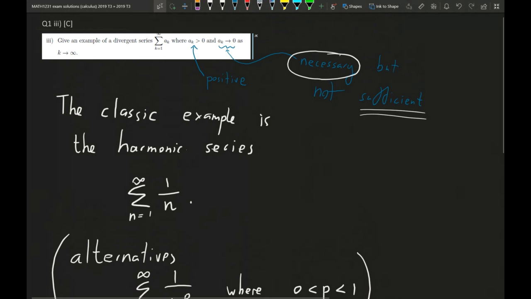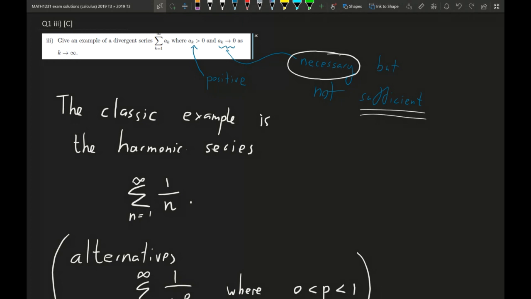But for whatever reason, there's often confusion between whether the terms actually converge to 0 or whether the sum of those terms converges. So this question is designed to get at that idea. The terms must be going to 0 for the series to converge.